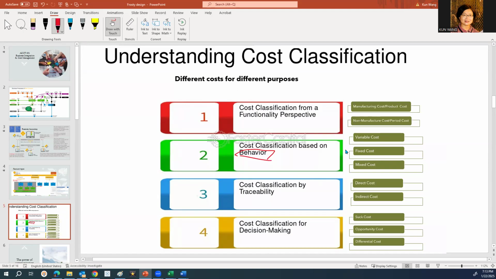And the cost behavior also forms our foundation when we're trying to do the cost volume and profit analysis, so cost predictions. And then by traceability, or when you try to identify responsibilities, especially, for example, a cost report for a function or for a department, or I want to find out a cost for a company event, like new employee training or a company picnic.